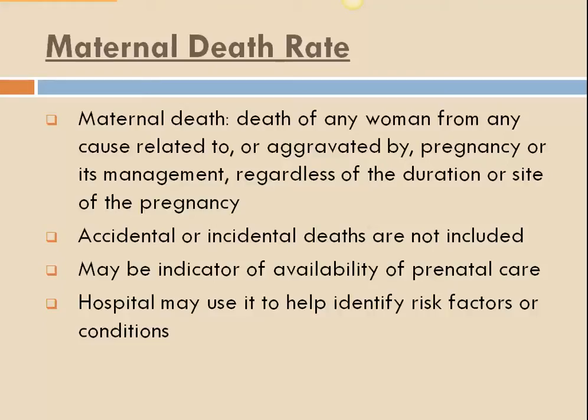So if a mother who was pregnant was involved in a motor vehicle accident, that would not be calculated in with the maternal death rate. The maternal death rate is sometimes used as an indicator of how available prenatal care is in a certain community or at a certain facility. The hospital may also use this rate to identify risk factors or conditions that can lead to or prevent maternal deaths.